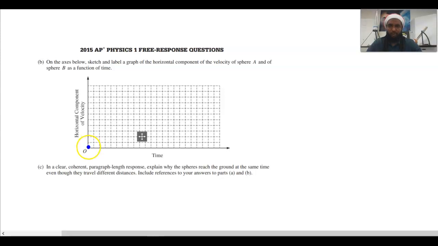And therefore, the graph for A would be a straight line, horizontal at 0. A has 0 horizontal velocity for the entire time. Now what about B? B has a constant horizontal velocity. Its velocity is not changing. There is no force acting in the horizontal direction.